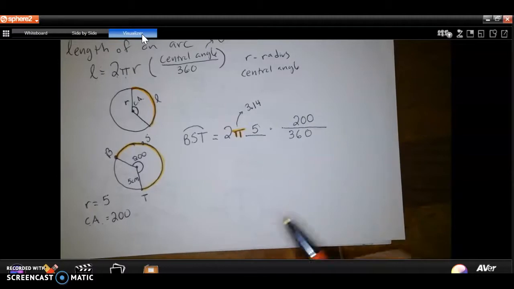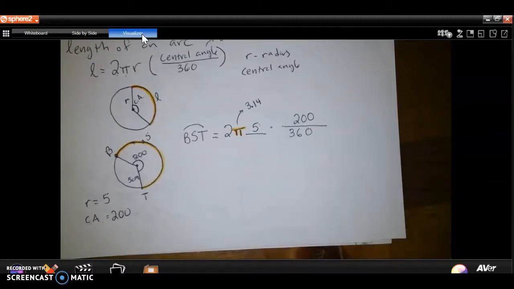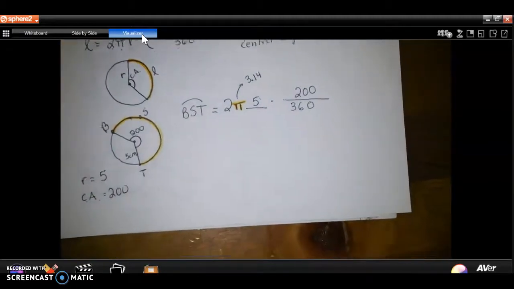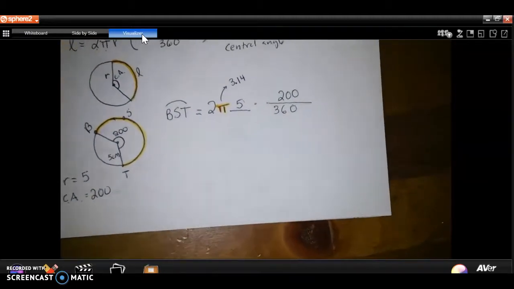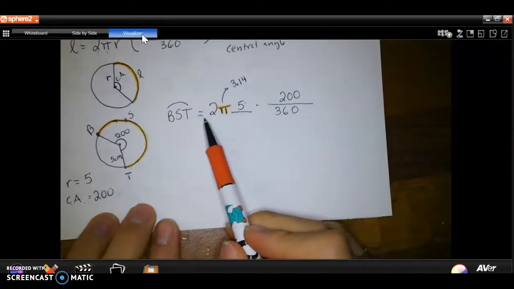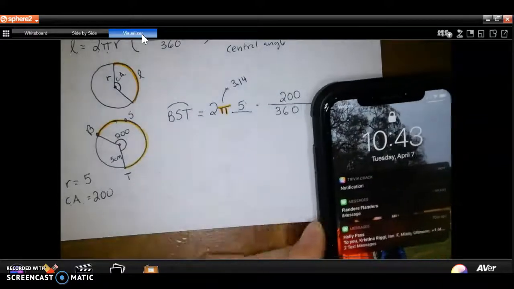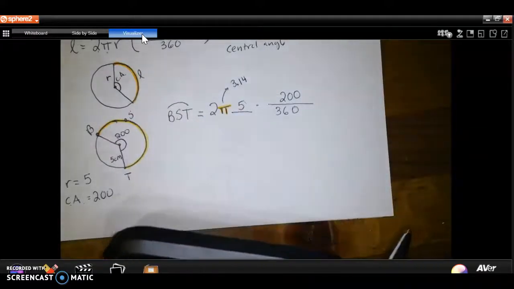I've had some requests from our last video to do the calculations for this on an iPhone, because not everyone has a calculator. So, let's have at it. The first thing I'm going to do is multiply this section here. So I'm going to bring up my iPhone. Oh, look, I got some notifications.